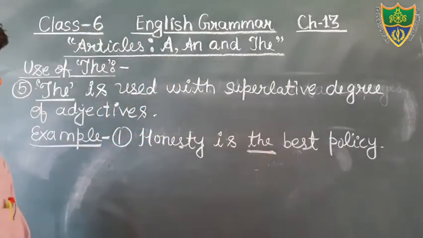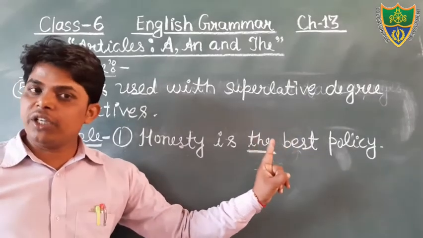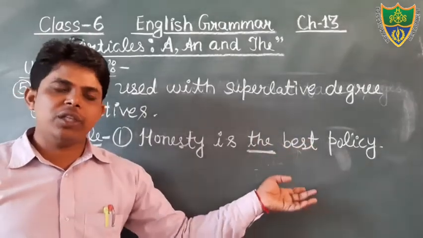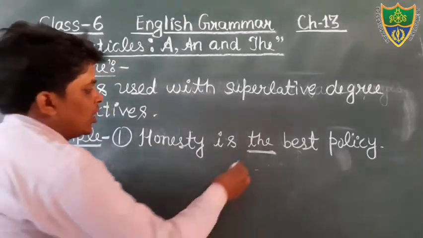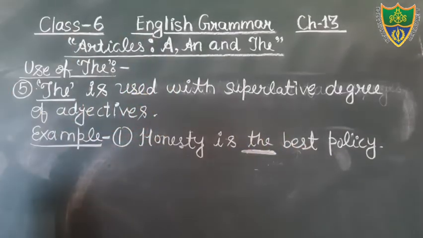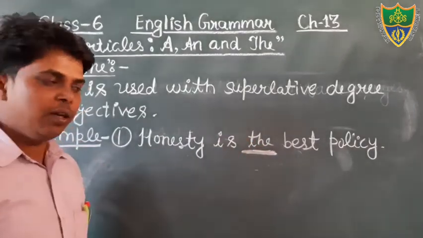Adjective. But here we are using good is what? Adjective, that is positive degree, better is comparative degree, and the word best is superlative degree. That you have to learn degrees. Okay, and we use the article the before the superlative degree. You can see the word best is superlative degree, therefore we will use the article the before it.